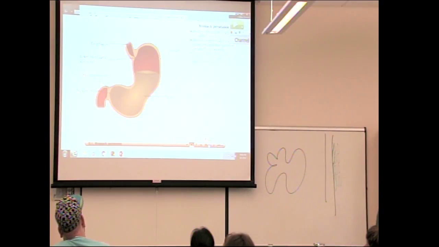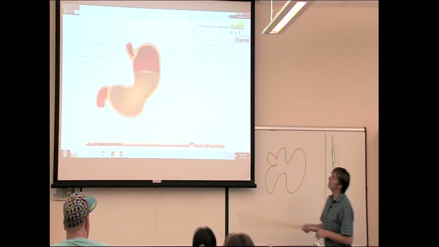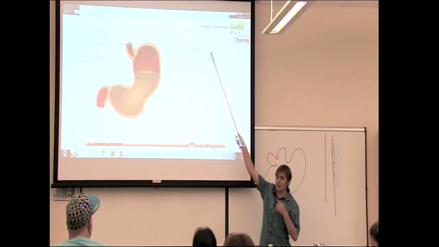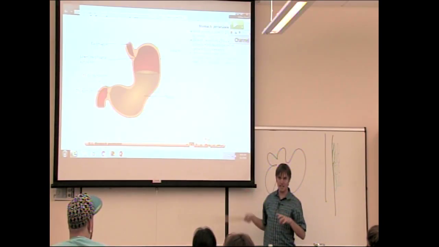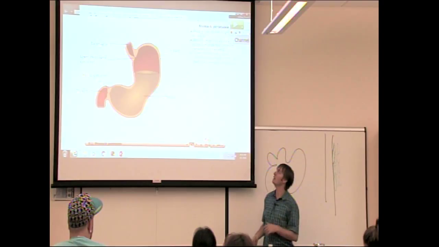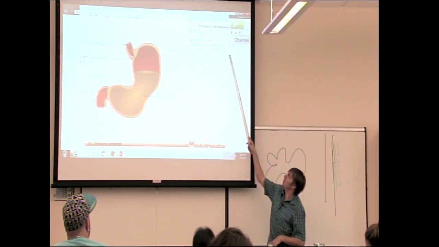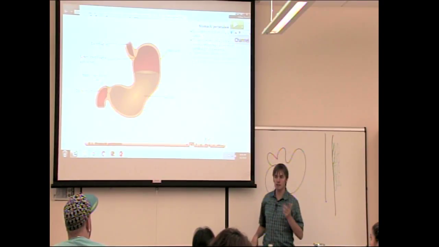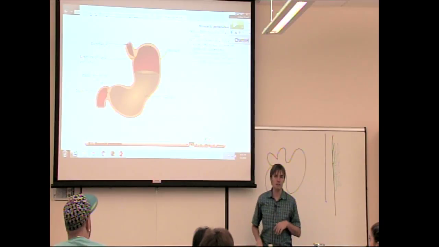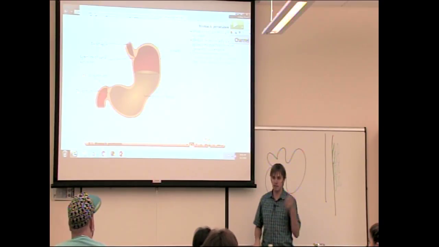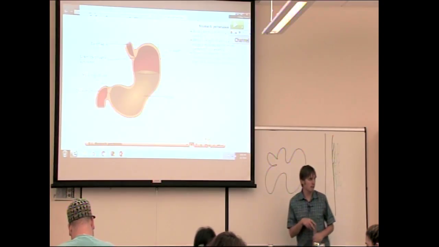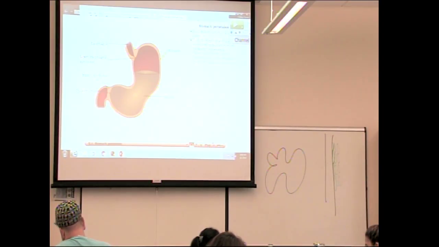All right, so let's take that first thing. You have special neurons in the stomach wall that can tell when it's being stretched, and then they activate those muscles around the stomach. Because, hey, you've got food in here, we need to start churning it around. So that's the first part.